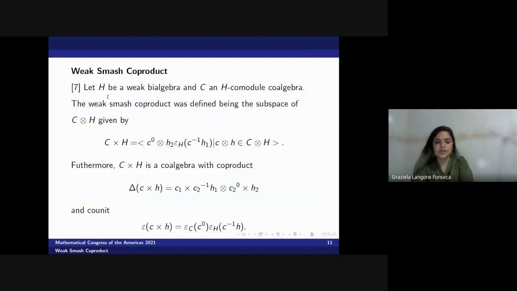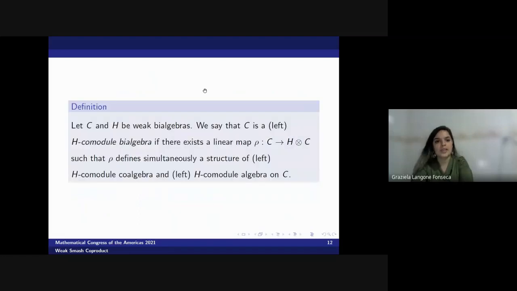In this next definition, we will see some extra conditions for this Weak-Bi-algebra H and for the coalgebra C. Let C and H be Weak-Bi-algebras.